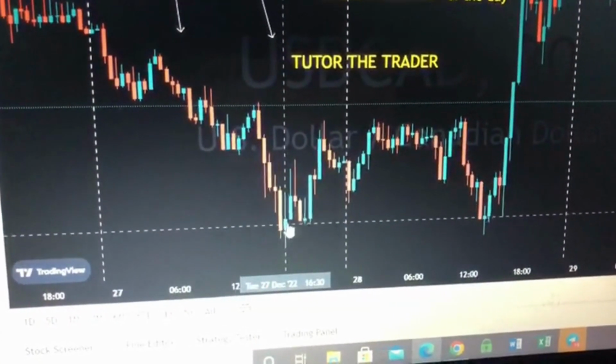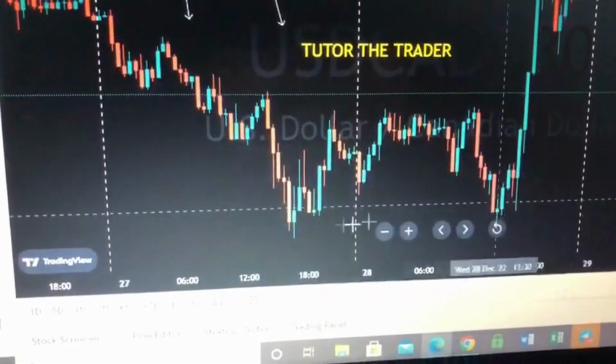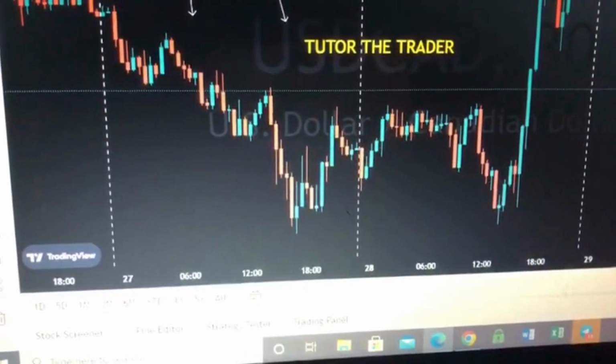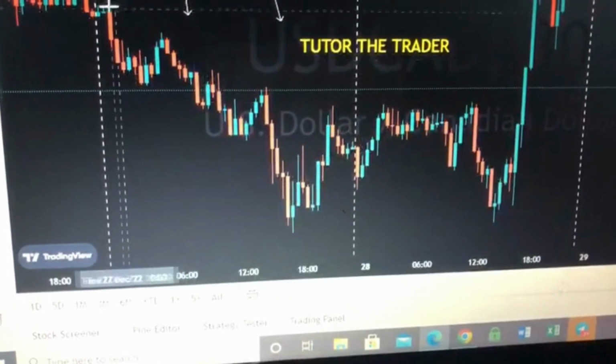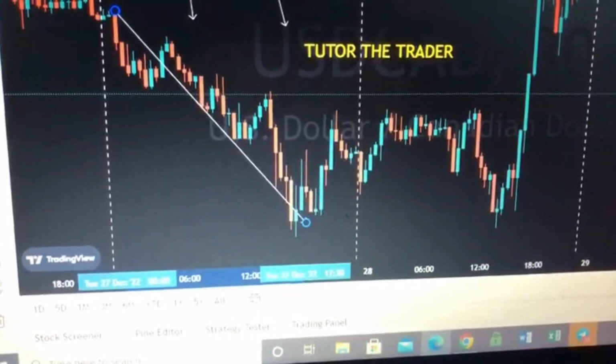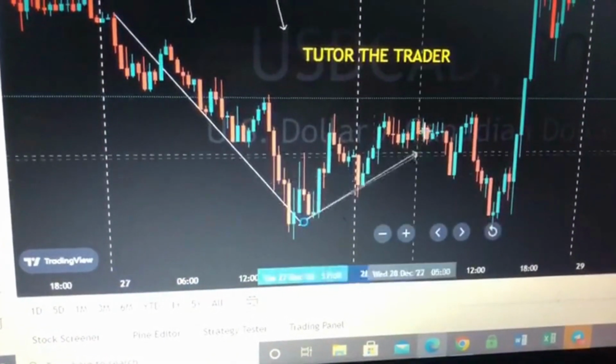Now we have one leg here, we have another leg here. If you draw your line, you can see that this is one leg, this is another leg.